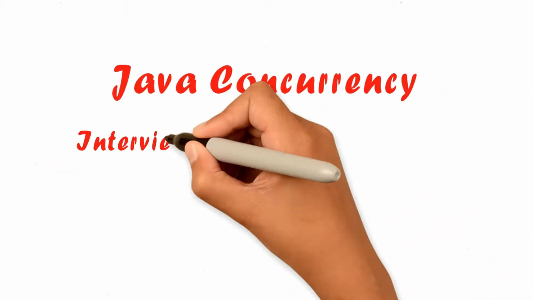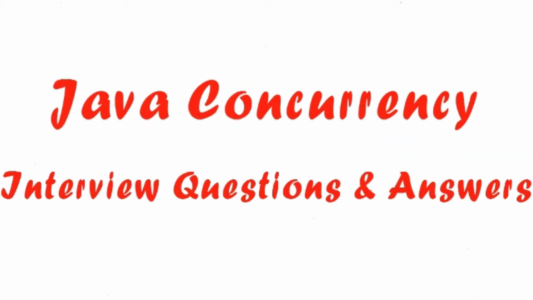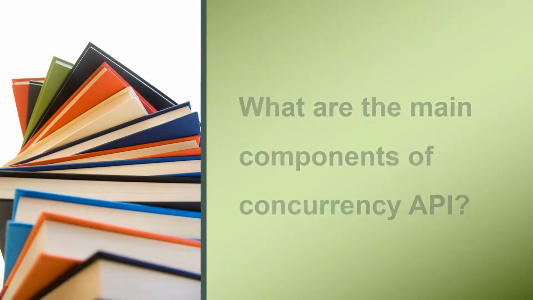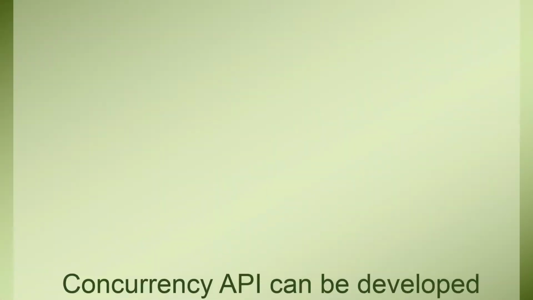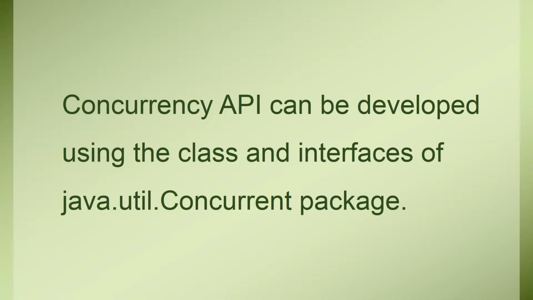Java Concurrency Interview Questions and Answers. What are the main components of Concurrency API? Concurrency API can be developed using the classes and interfaces of the java.util.concurrent package.